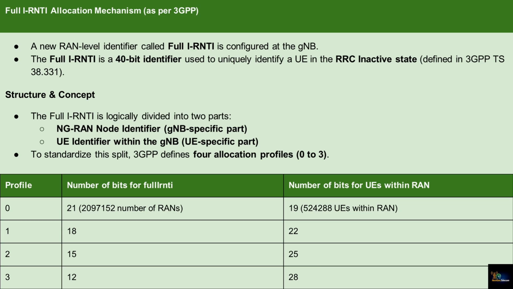Structure and concept: the full I-RNTI is logically divided into two parts, the NG-RAN node identifier, which is the gNodeB-specific part, and the UE identifier within a gNodeB, the UE-specific part. So this is profile 0, 1, 2, 3, and this is the profile number of bits required.